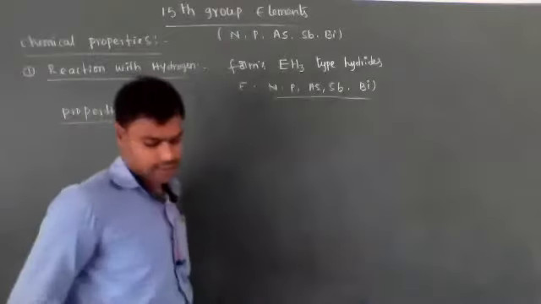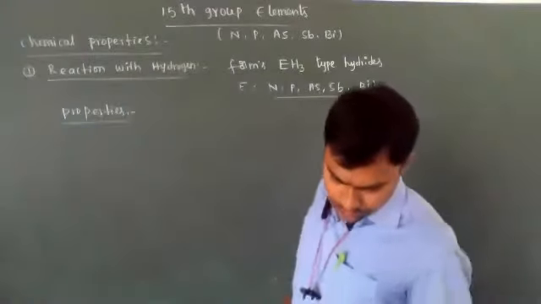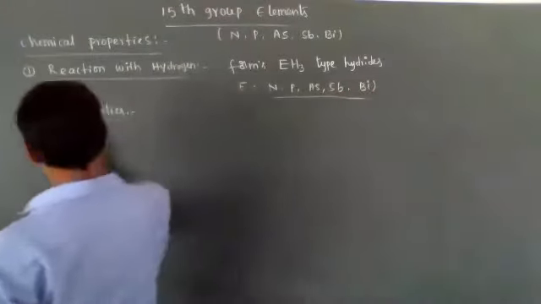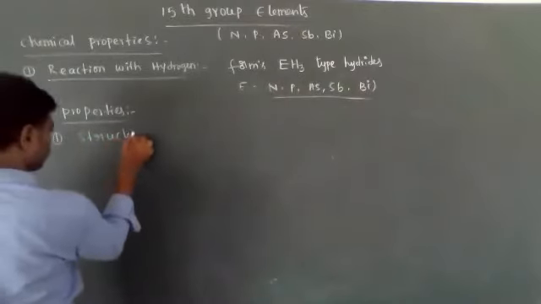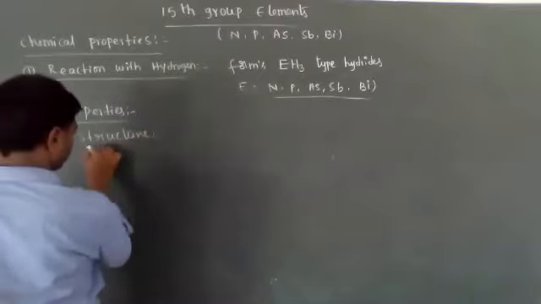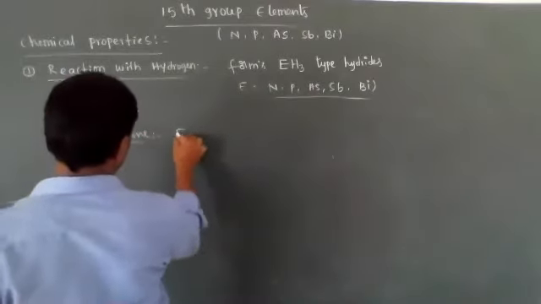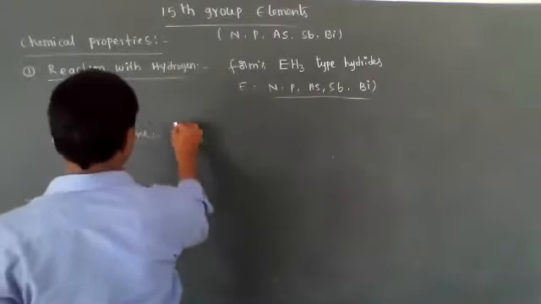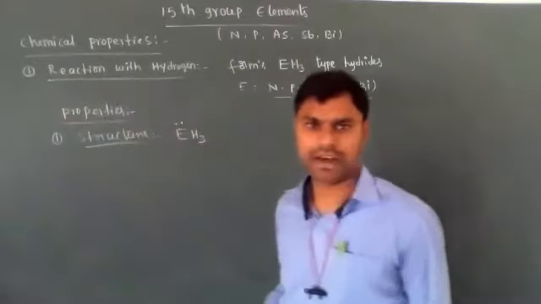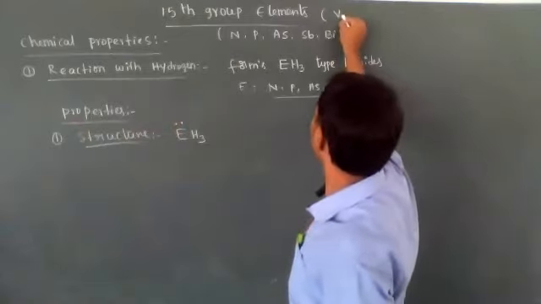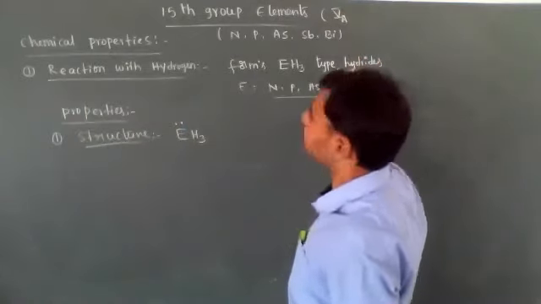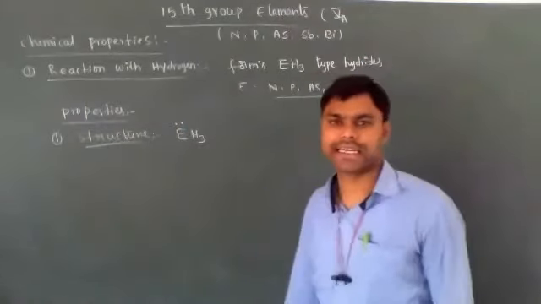First we will discuss the structure of EH3 hydrides. Nitrogen, phosphorus, arsenic, antimony belong to the 15th group. 15th group means the valence shell contains 5 electrons.